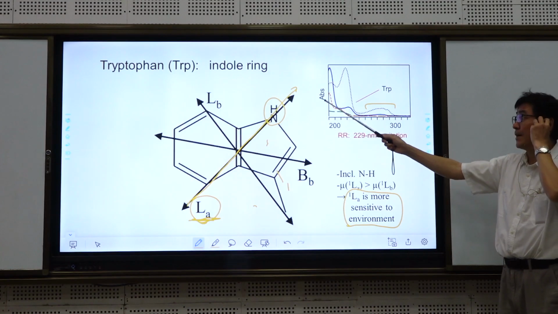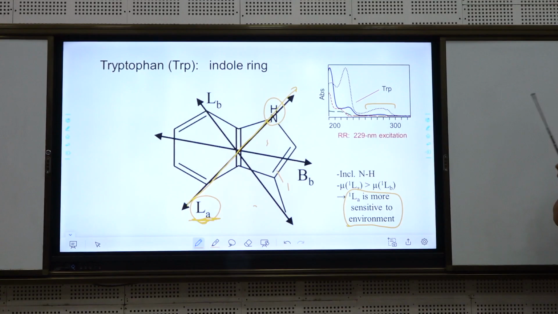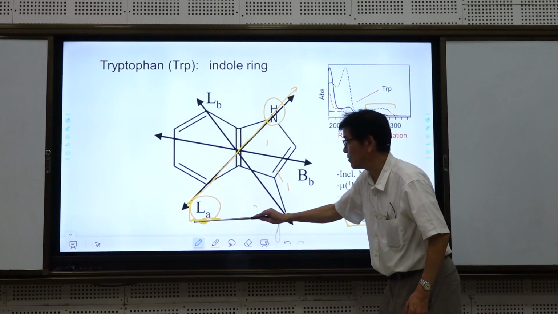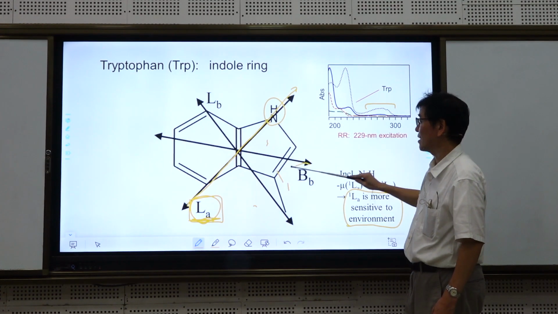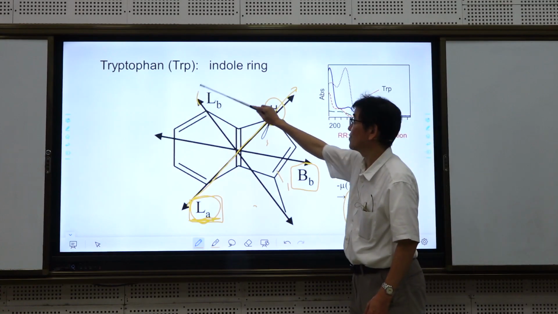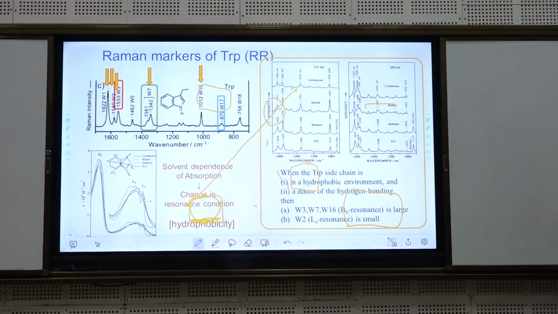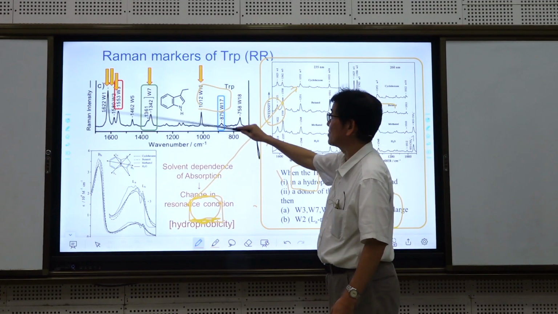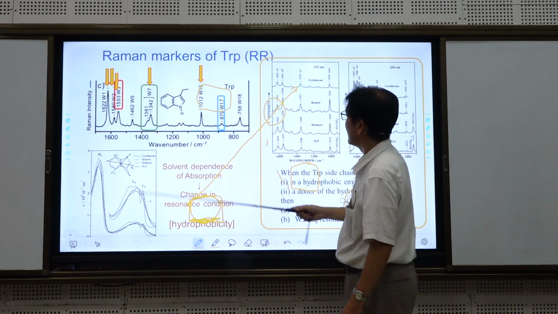Okay, this is the principle why some peaks are sensitive to the environment or structural change. So sensitivity to the environmental structure is related to the character of the excited state transition moment. So here is a typical resonance Raman spectrum of tryptophan.